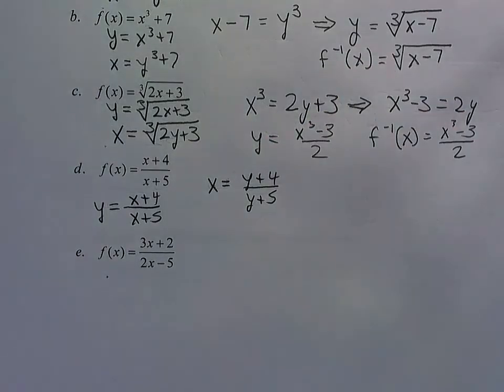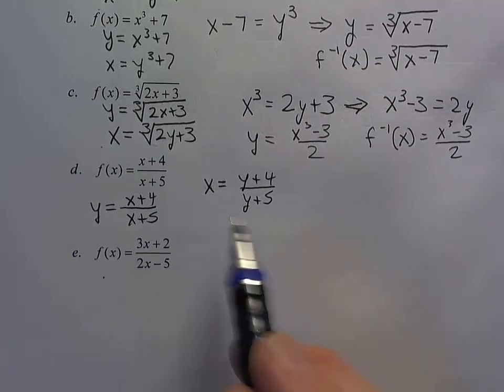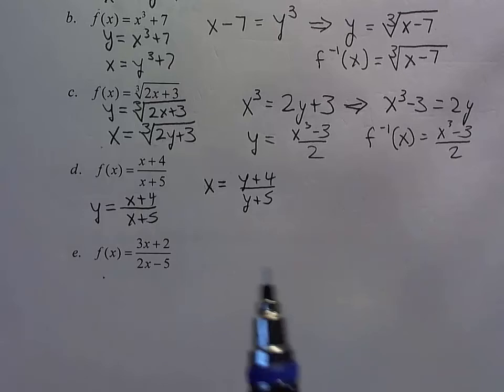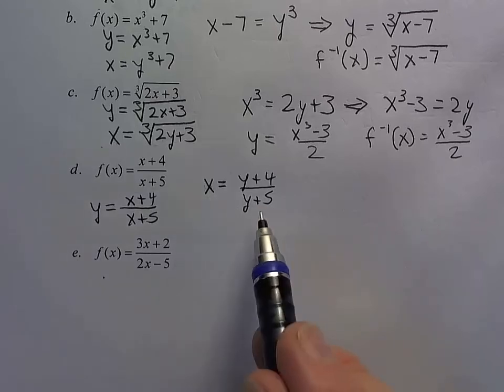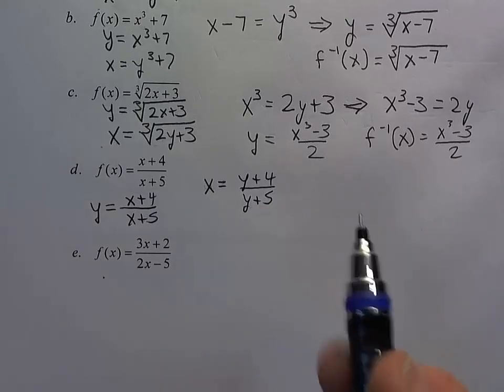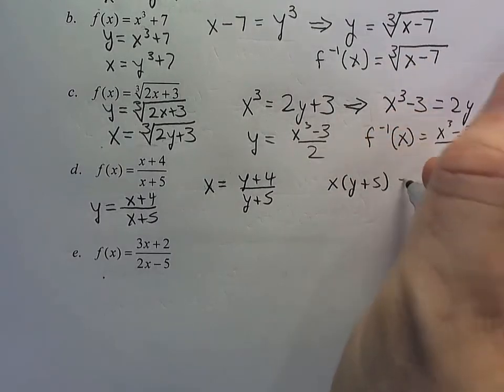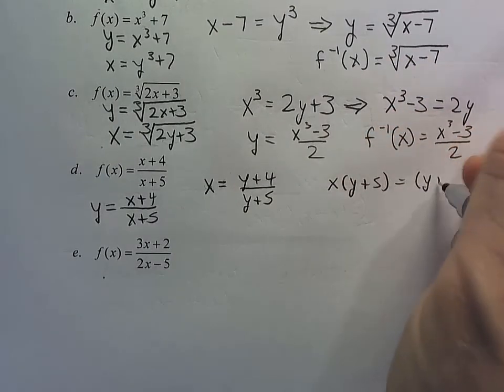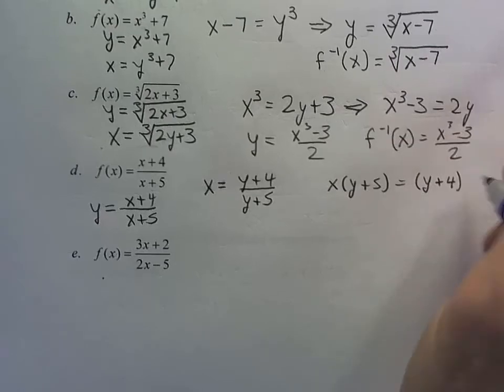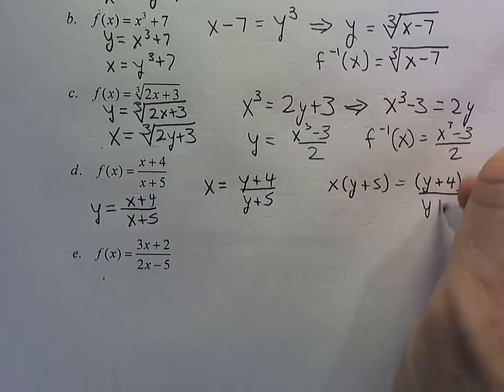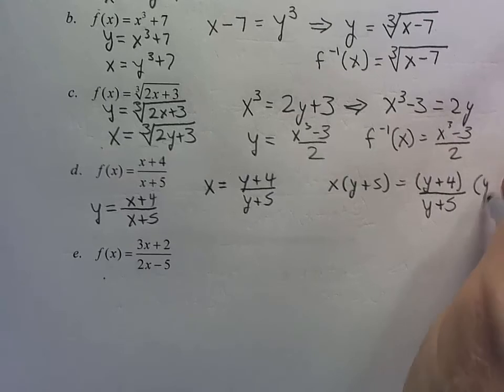Now the process here, you want to solve for y. A good first step is to multiply both sides by y plus 5. Because when you do that, look what happens. This is just good equation solving strategy. You've got y plus 5 here, and you multiply by y plus 5.